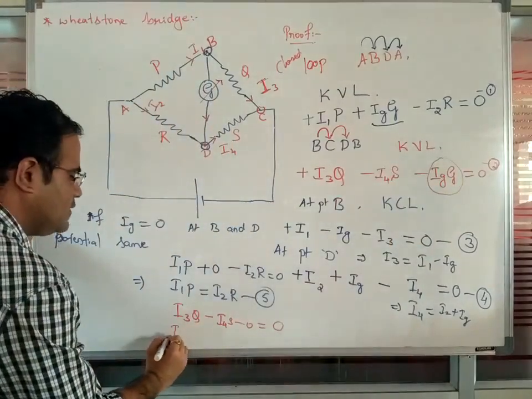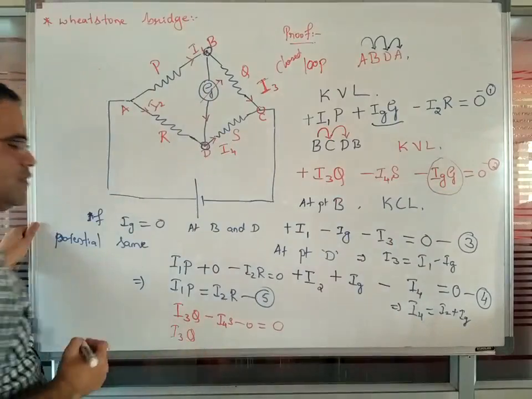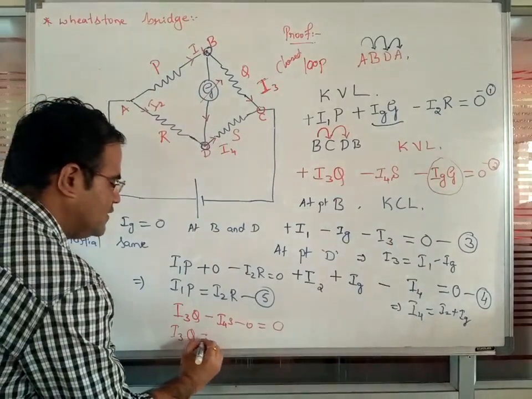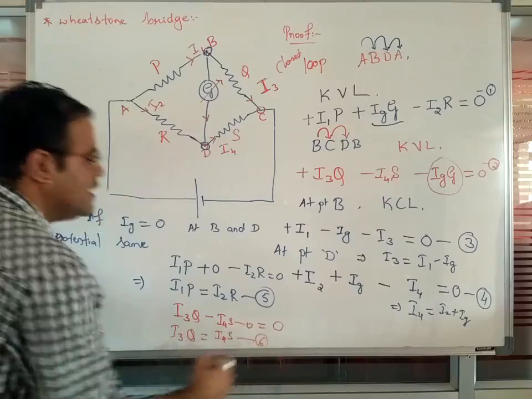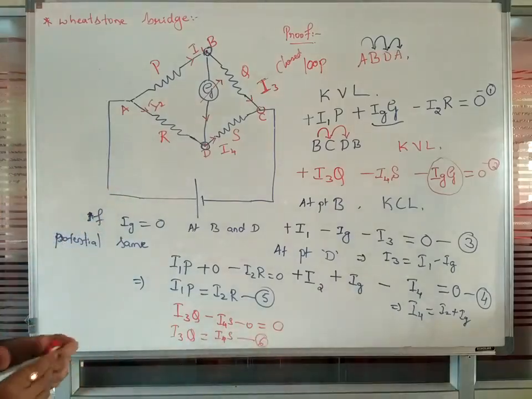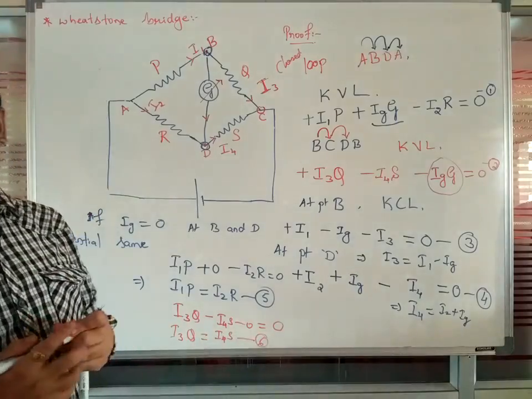So this implies I3 into Q is equal to I4 into S. Consider this as equation number 6.